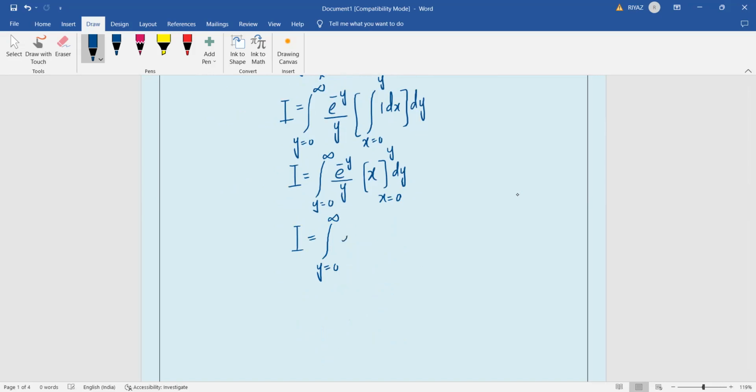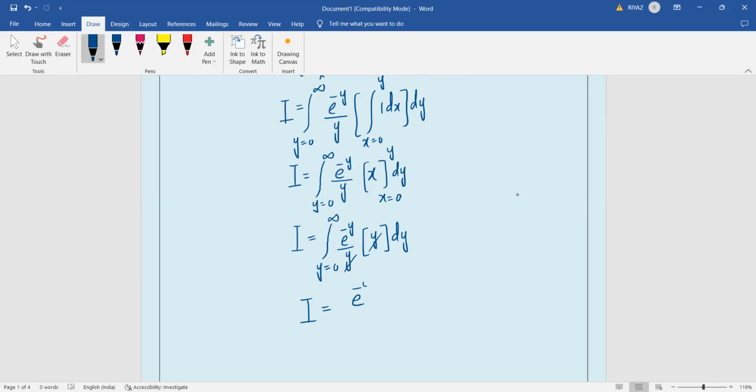So I is equal to integral y is equal to 0 to infinity, e power minus y by y, and this is upper limit minus lower limit, means upper limit is y, lower limit anyhow is 0, dy. Y and y must cancel out. Finally, we have to integrate with respect to y only because only y is left here.